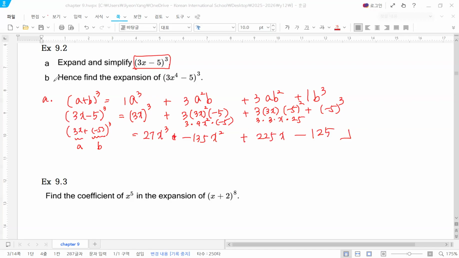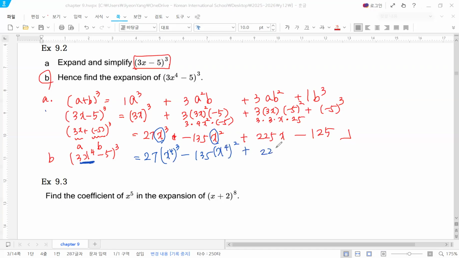Okay, and then hence question number B, 3x to the power of 5 negative 5 cubed. So instead of x, you can simply swap x to the power of 4. Therefore, 27, instead of x, write down x to the power of 4, and then cube here. Minus 135, instead of x, x to the power of 4, and then square.